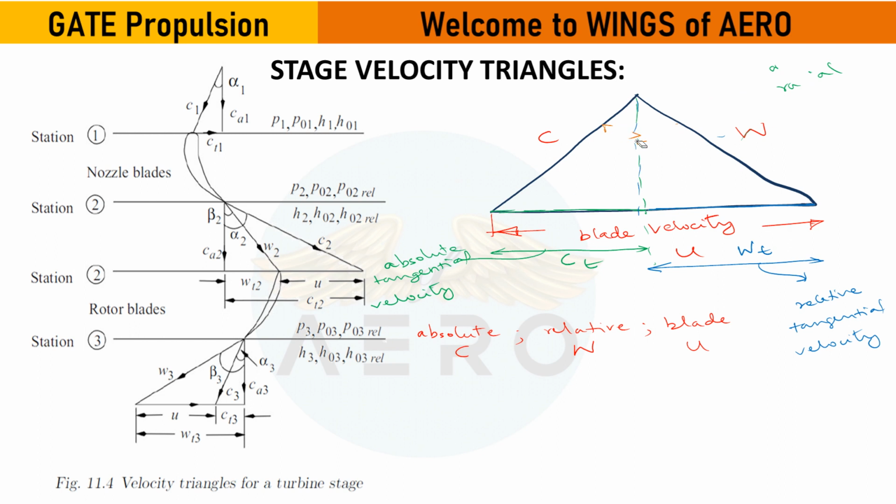Now this is your original velocity triangle. Now for an axial turbine, you just need to remember the condition of the rotor blades, because here the rotor blades are the main important factor. For the rotor blades, when the flow is entering, alpha is greater than beta, and when it is leaving, beta is greater than alpha.